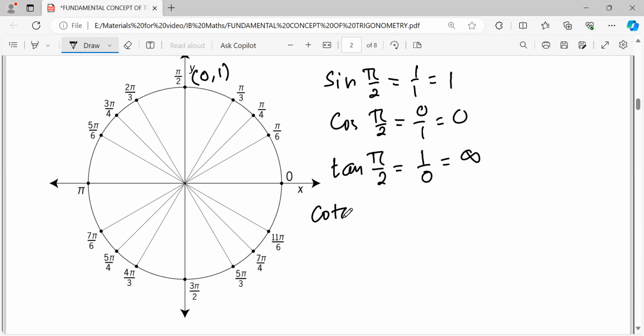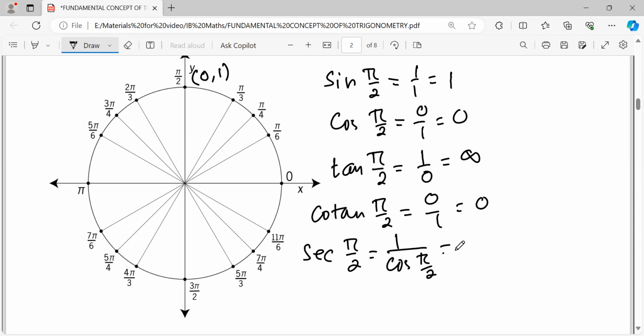Cotangent pi over 2 equals 0 over 1 equals 0. Secant pi over 2 equals 1 over cosine pi over 2 equals 1 over 0, undefined.